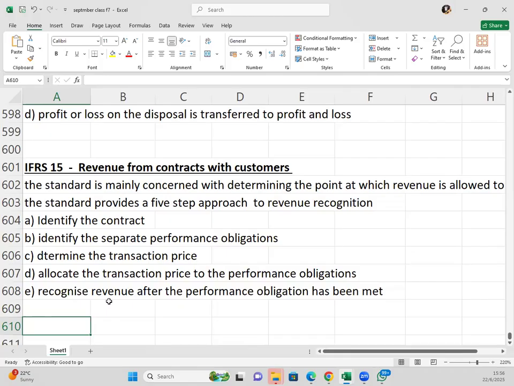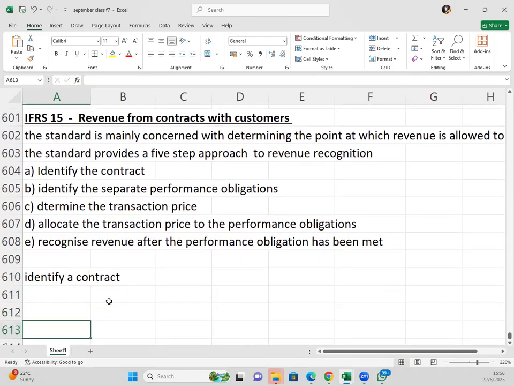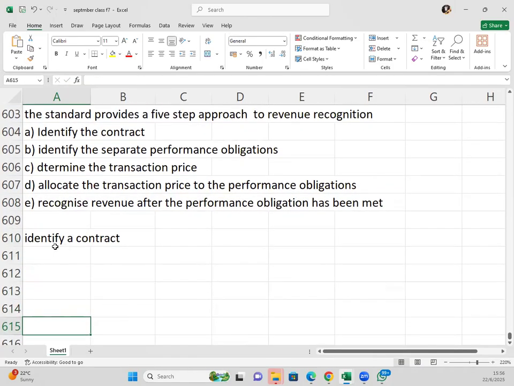For you to recognize revenue, there must be a contract. So identify a contract. For you to say I have sold, there must be a willing buyer, willing seller situation. No one must be forced into the transaction. A contract is an agreement. For me to say I have sold the goods to you, there must be the existence of a contract.